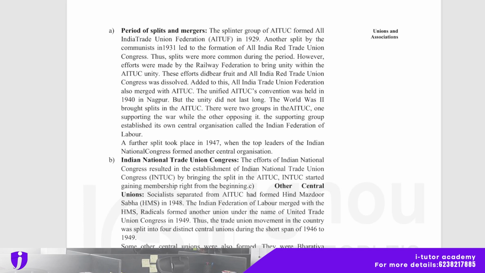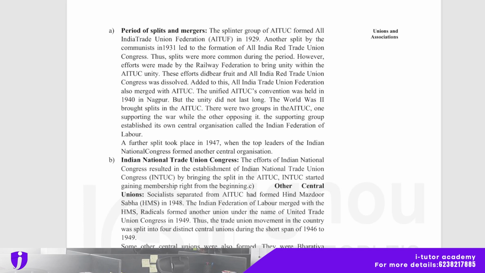Indian National Trade Union Congress. The efforts of the Indian National Congress resulted in the establishment of the Indian National Trade Union Congress, that is INTUC. By bringing about the split in the AITUC, INTUC started gaining membership right from the beginning. And other socialists who separated from AITUC formed Hind Mazdoor Sabha, HMS, in 1948.